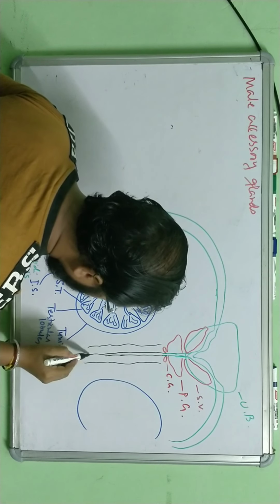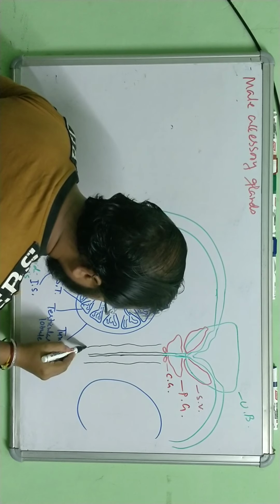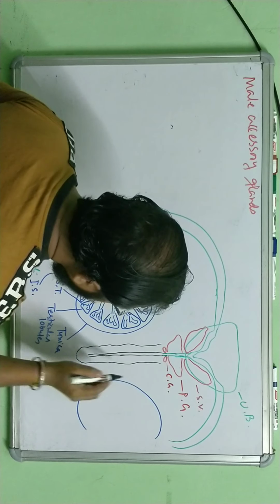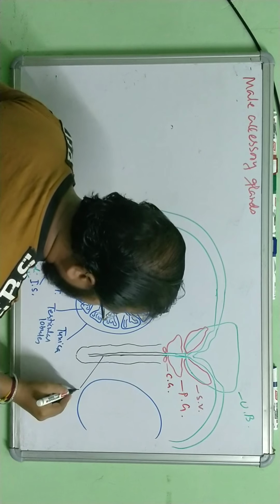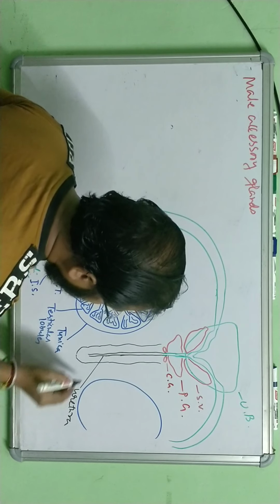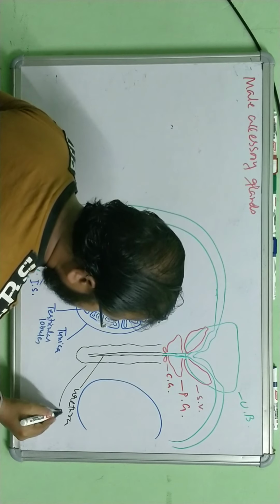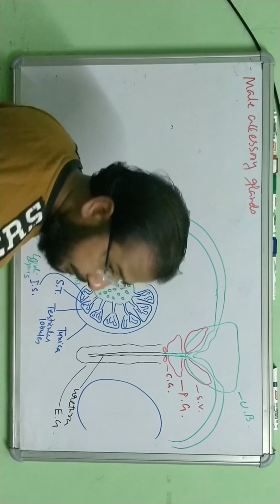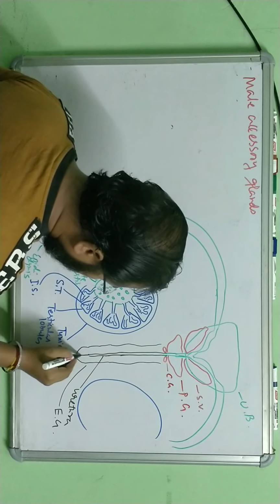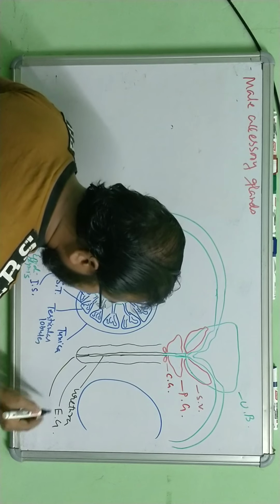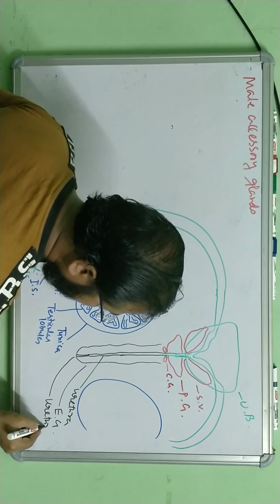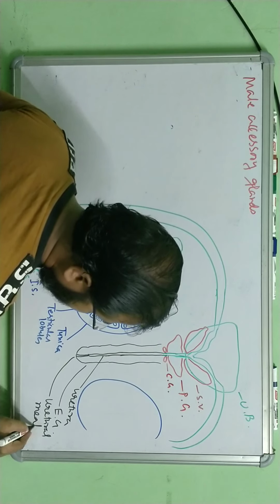Now see, this is the urethra and this is the external genitalia. The urethra comes and opens here. This opening is known as urethral meatus.